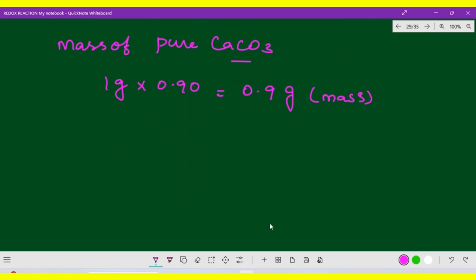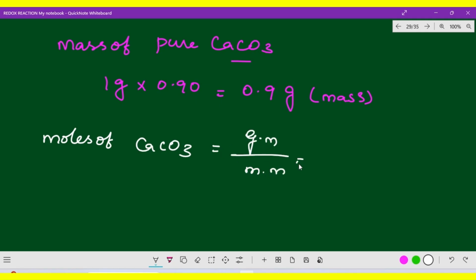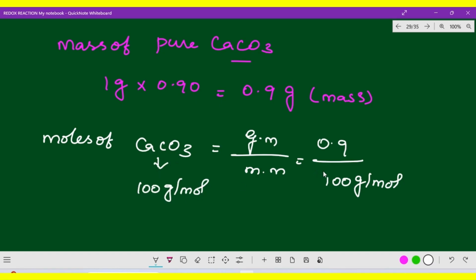Now moles we have to identify. So moles of CaCO3 is given mass by molecular mass. So here 0.9 divided by the molar mass of CaCO3, which is 100 gram per mole, well known. It is a special century, right?